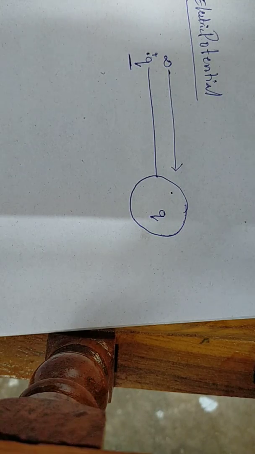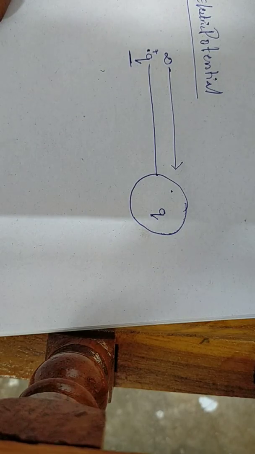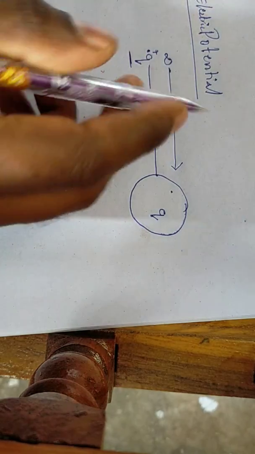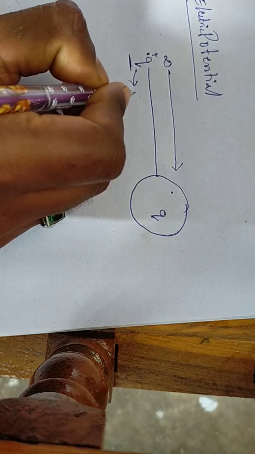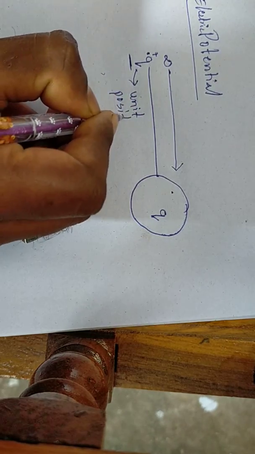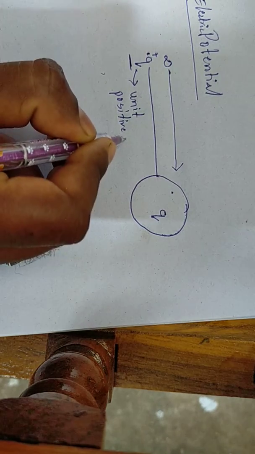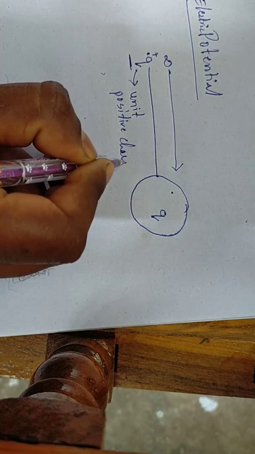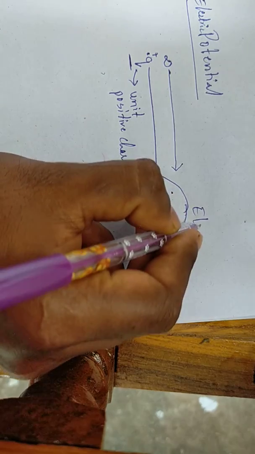For example, this is a unit positive charge, and this is the electric field.